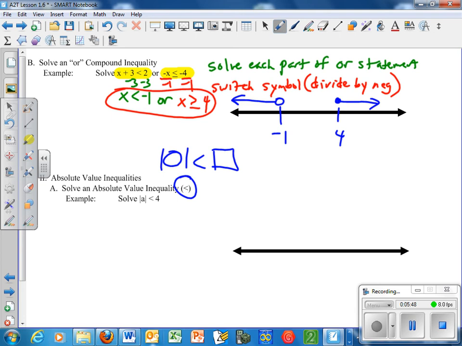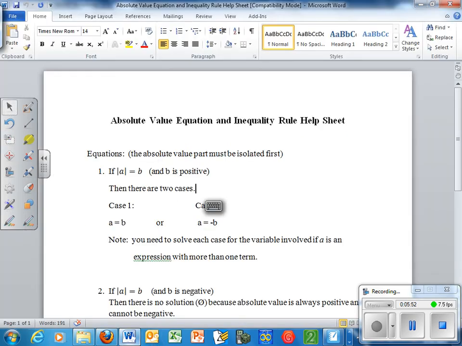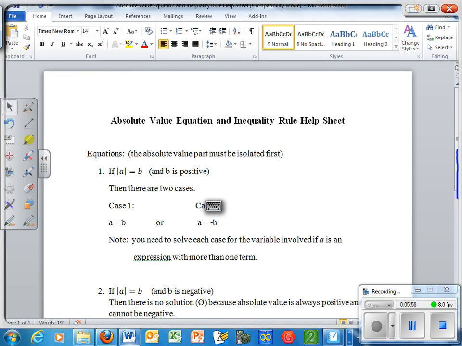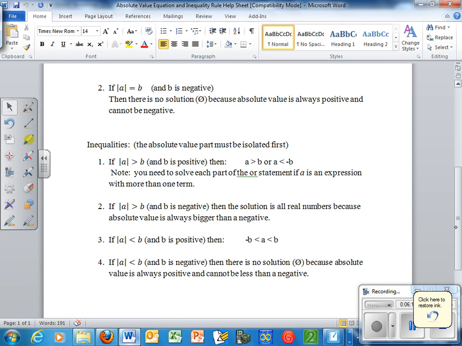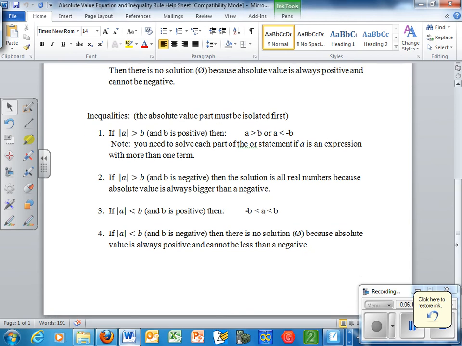So if we pull up the help sheet, and let's scroll down on it to the bottom, so you can get yours out. So we're looking at the inequality part here on the bottom.